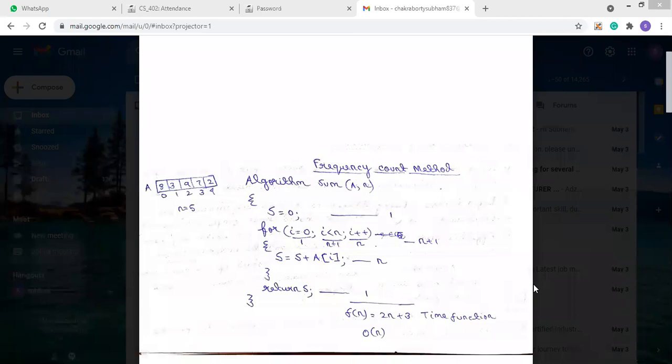Now, for example, here I have shown an algorithm.